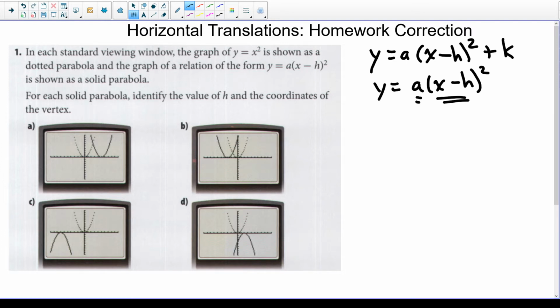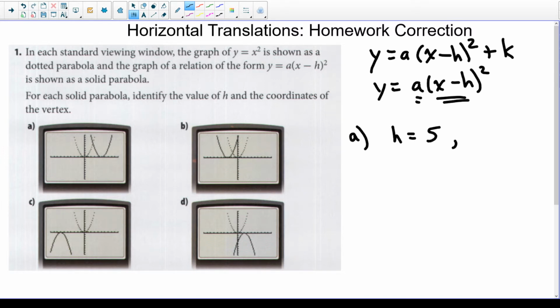So you have to be able to count. Now it's a little bit hard to see, but you have to count the little tick marks showing how far the parabola has moved. So if we look at this one, it's 1, 2, 3, 4, 5. So for a, our h value is going to be 5.